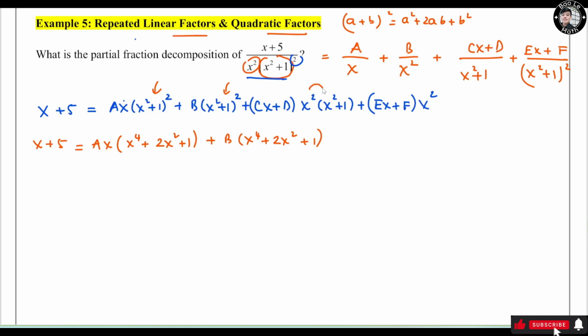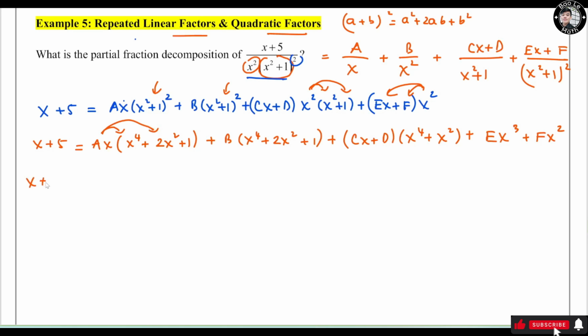Now this one we just distribute s squared. So it could be plus cs plus d times s to the 4 plus s squared. And the last one, distribute this, so it could be es cubed plus fs squared. Now distribute one more time.